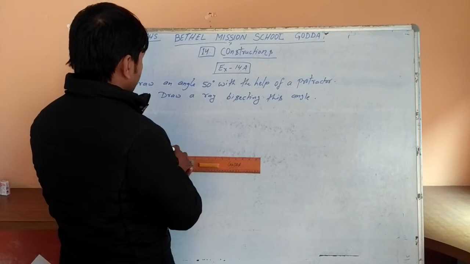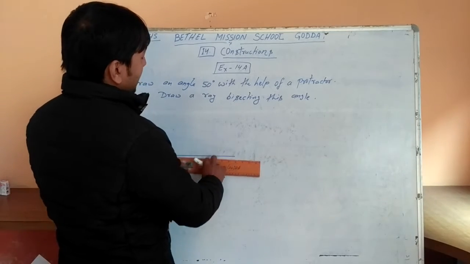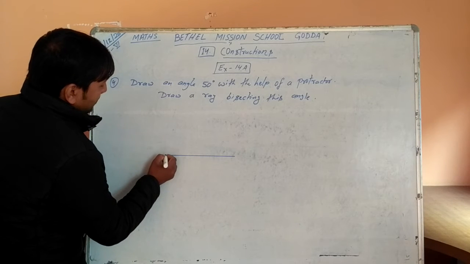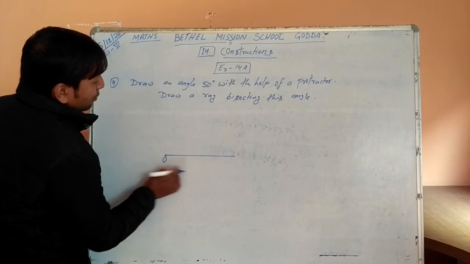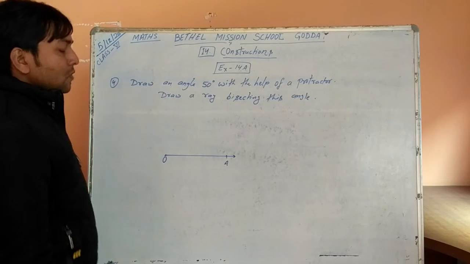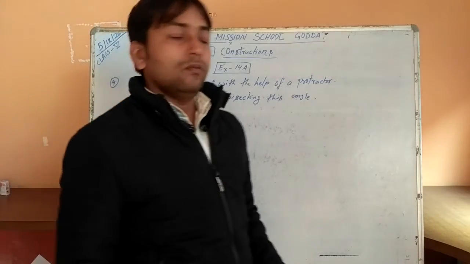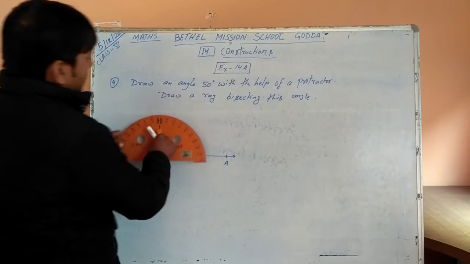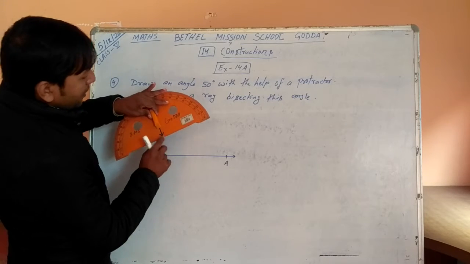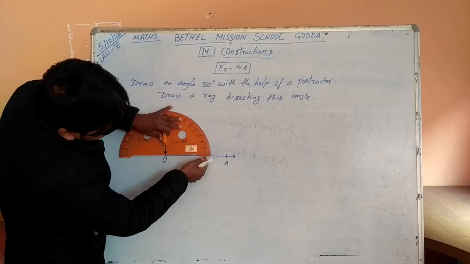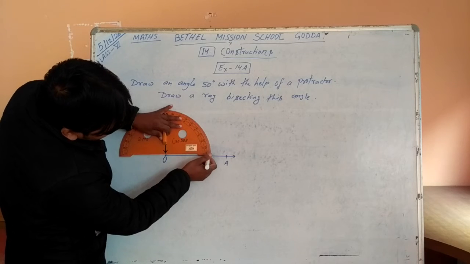There is no measurement given, okay. I have drawn a line here. Give a point the name O, and that is what we can give, okay. And now take your protractor, and this point should be at O, and this line should be on this line, okay.